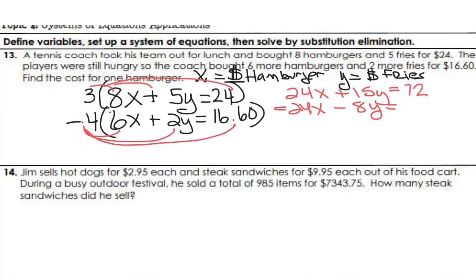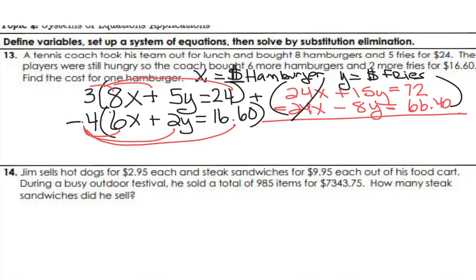And then negative 4 times 16.60. I'm going to get the calculator. Be $66.40. Okay, so now we got 1 plus and 1 minus, so we can add these together.